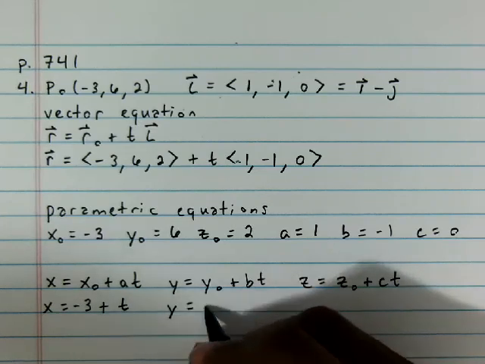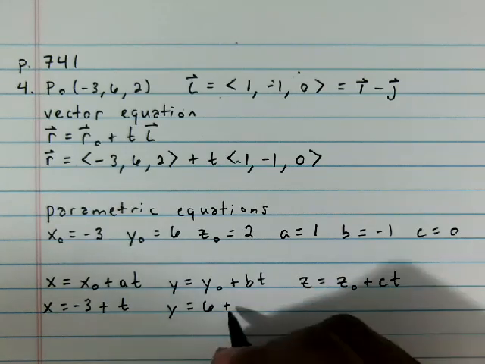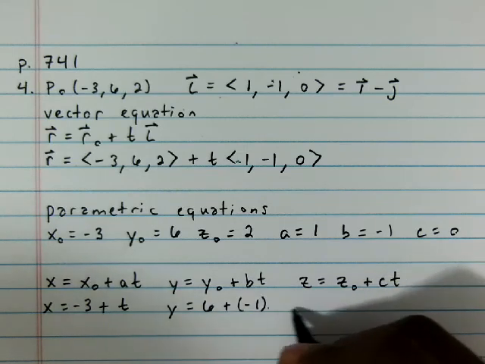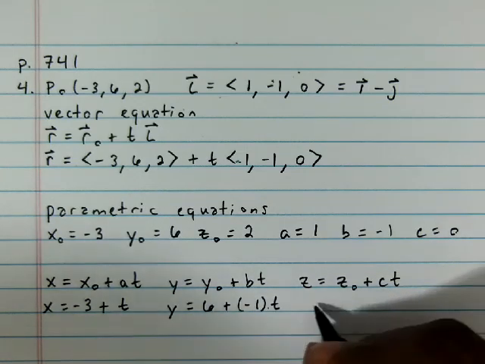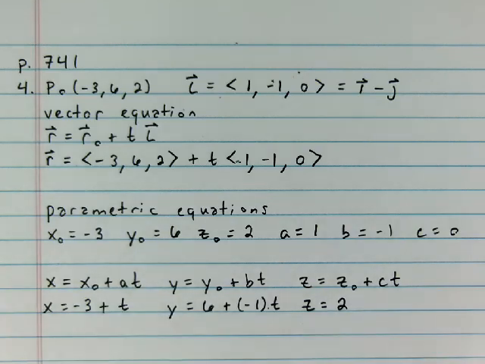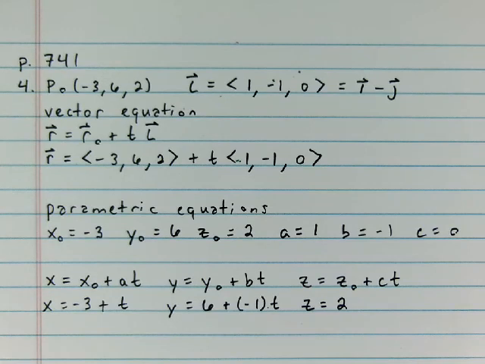Y equals 6 plus negative 1 T. And then for Z, our C is 0, so Z just equals our Z naught, which is 2. All right, so those are our parametric equations.